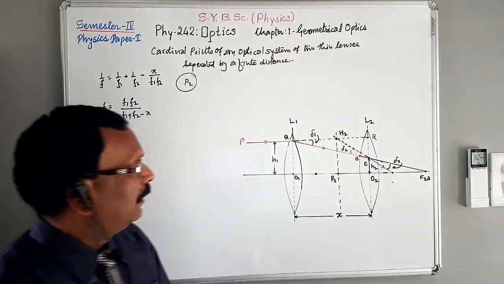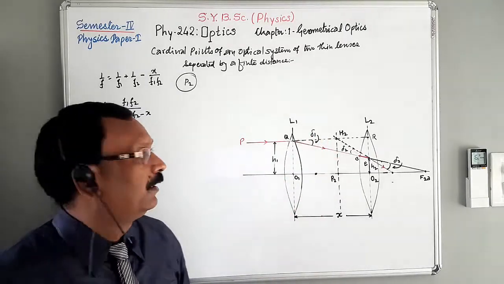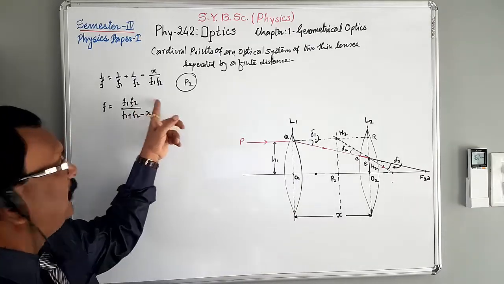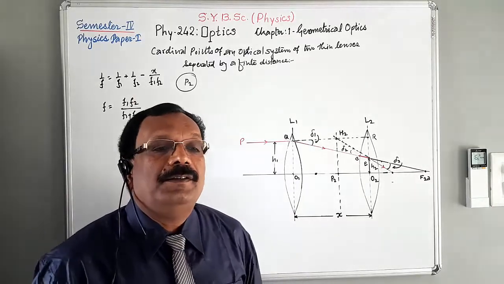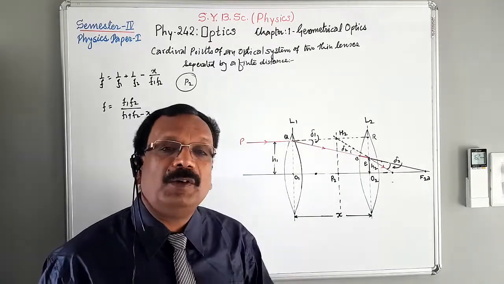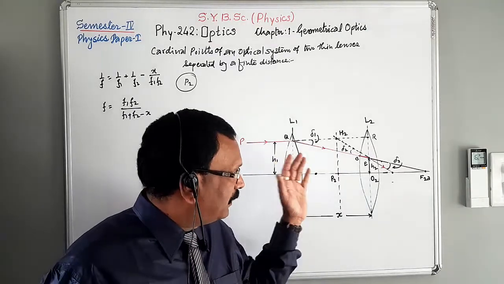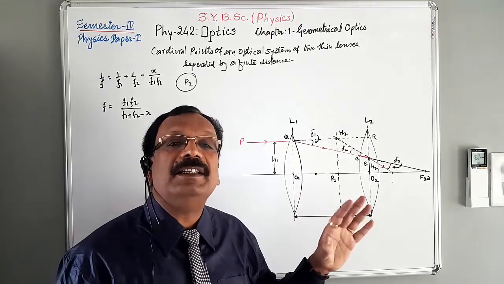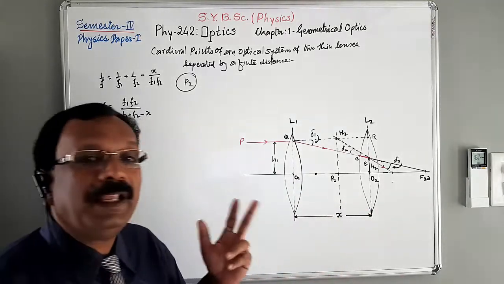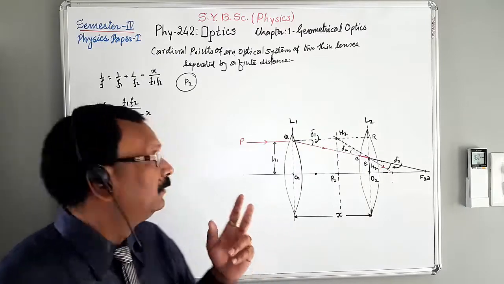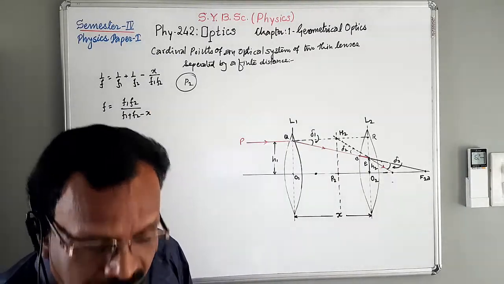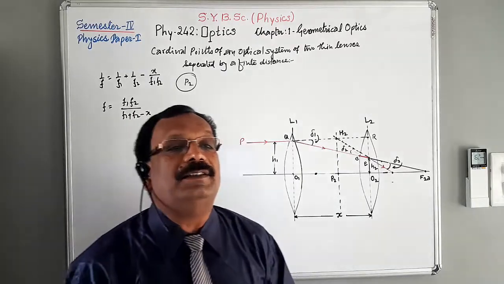See here, we already studied this figure when we derived and obtained this equation. Now in this figure I am not going to explain the construction and working, because we already studied this in the previous lecture when we obtained an expression for the equivalent focal length of 2 convex lenses separated by a finite distance.